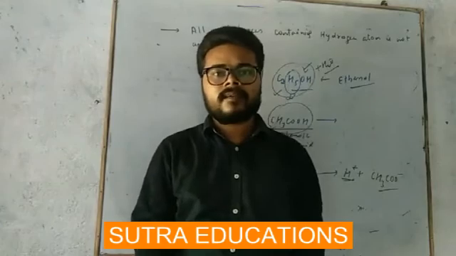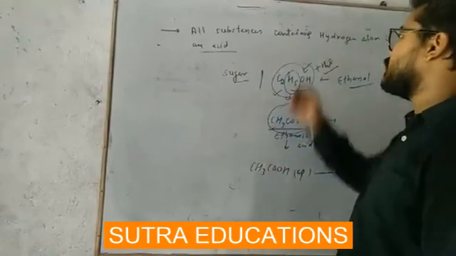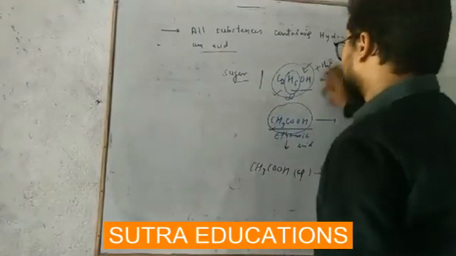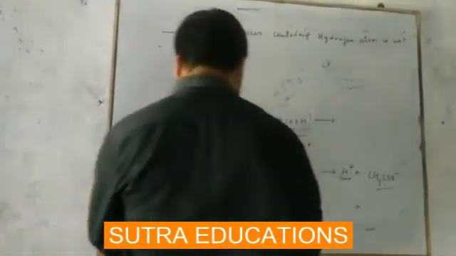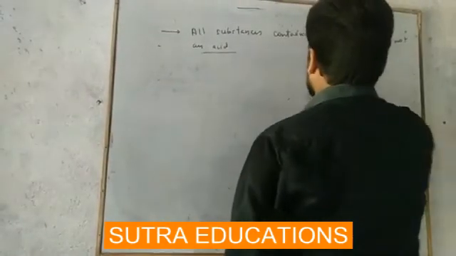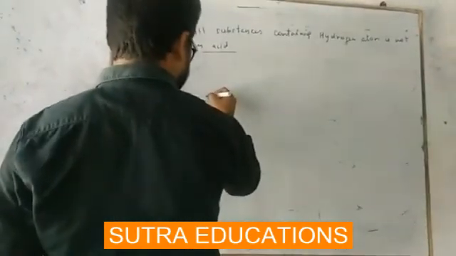Okay, so we can check that all substances containing hydrogen atoms are not acids. How to check? Very simple. What to do?